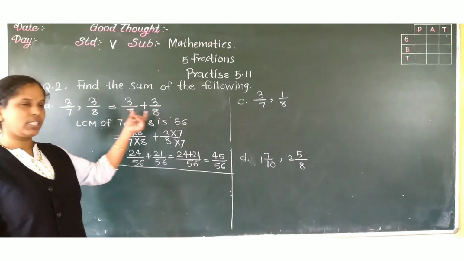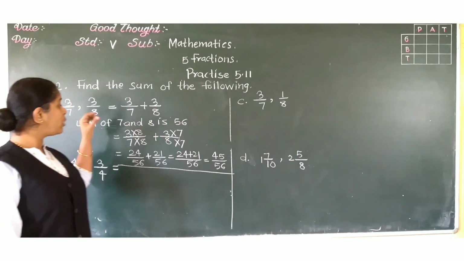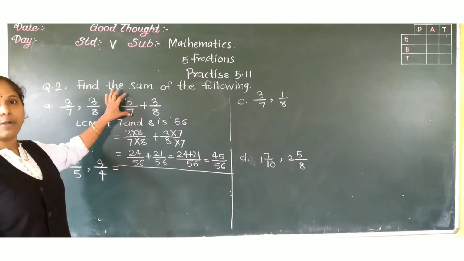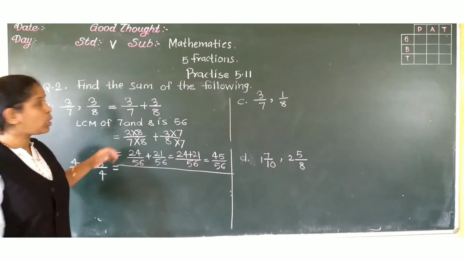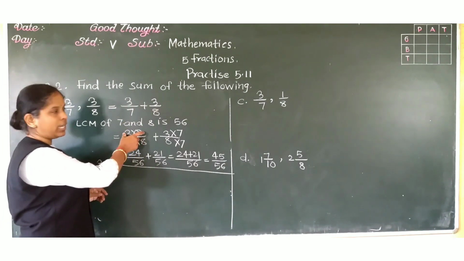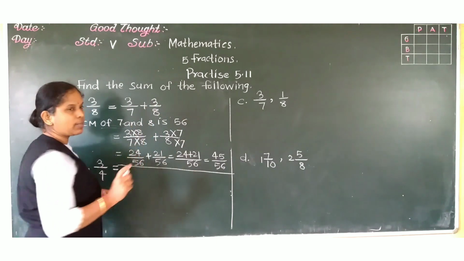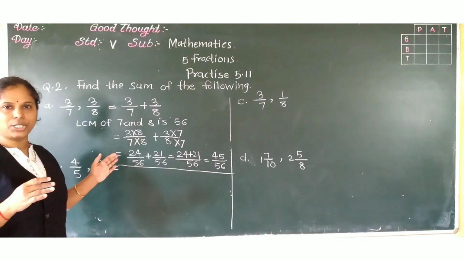So here 56 was coming. So that number we have taken as LCM. And to get that number, what we have to do? We have to multiply 3 upon 7 by 8. Because 7 8s are 56. So 3 also multiply by 8. And this also we have to multiply by 7. Then same whatever we are doing for addition.